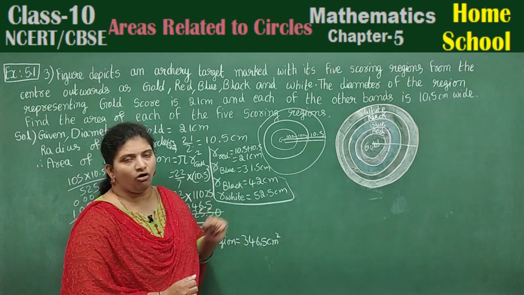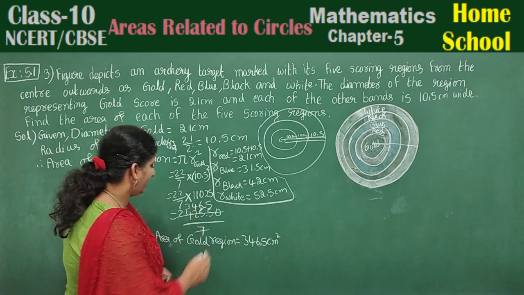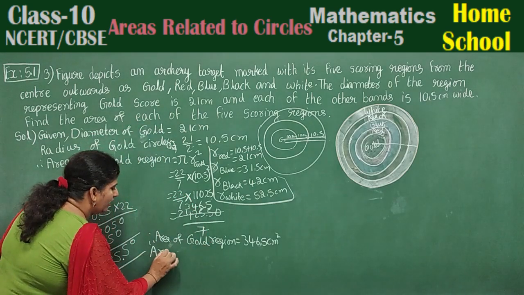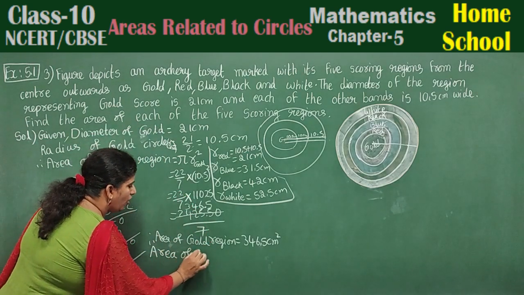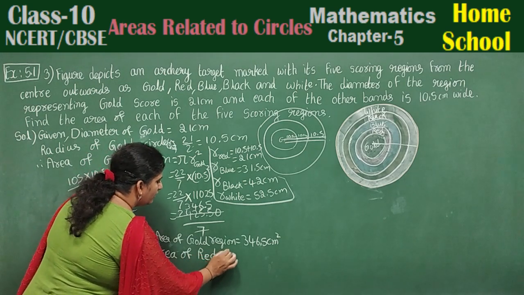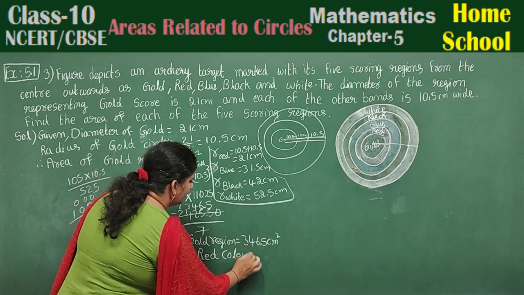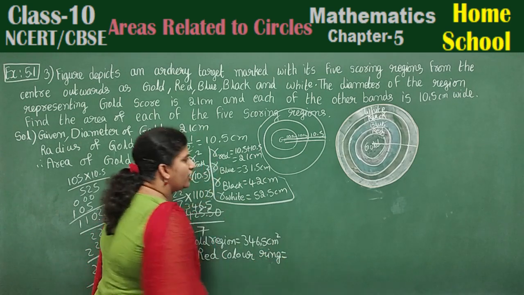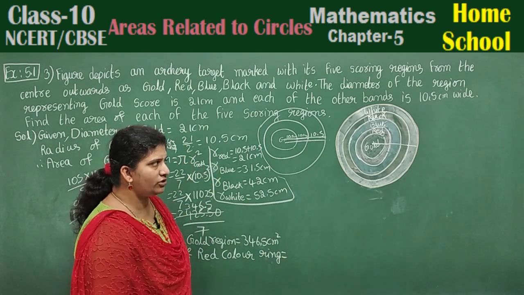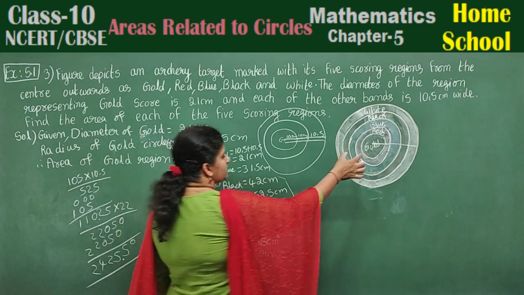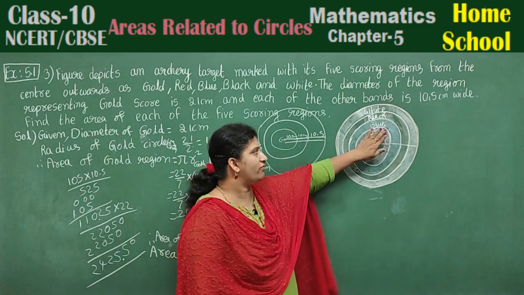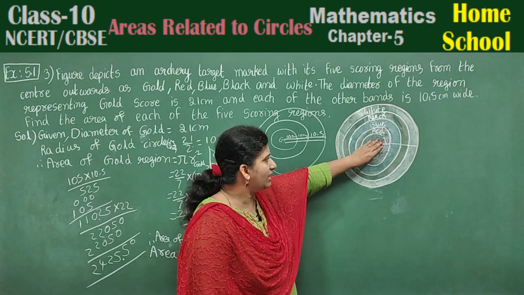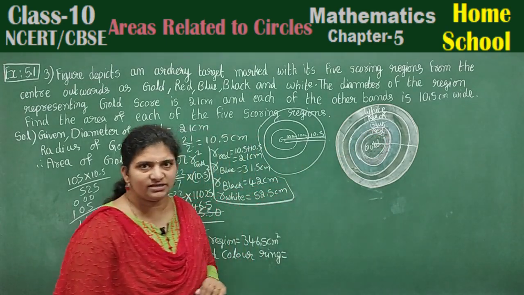So area of red color ring. Area of red color ring means how we are going to get here, children? See, observe carefully. Area of red color circle minus area of gold color circle.